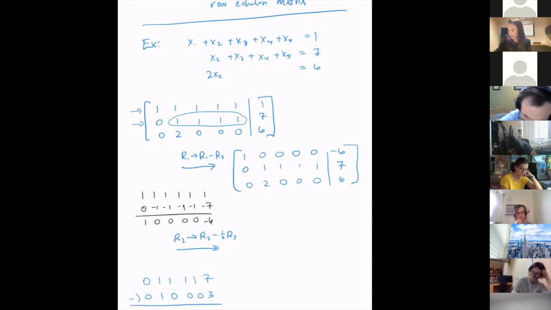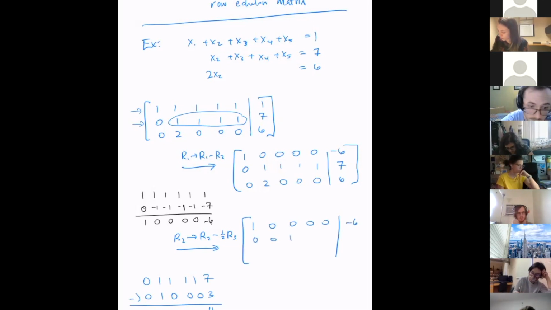Subtracting would give me 0, 0, 1, 1, 1, 4, right? Okay, so put that in for row 2: 0, 0, 1, 1, 1, 4, and then row 3 is 0, 2, 0, 0, 0, 6.